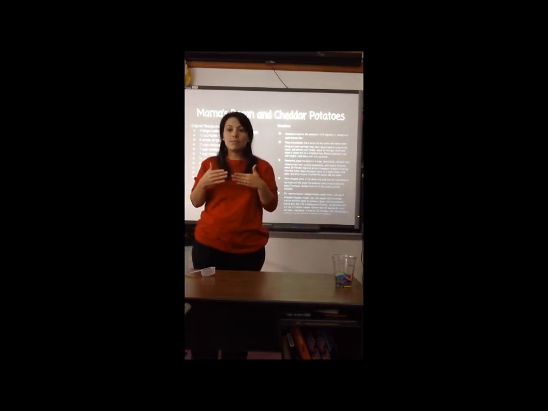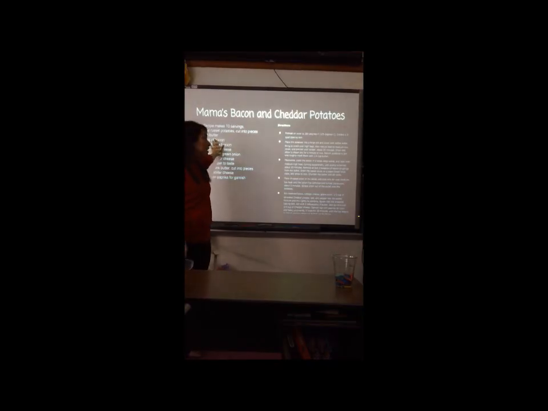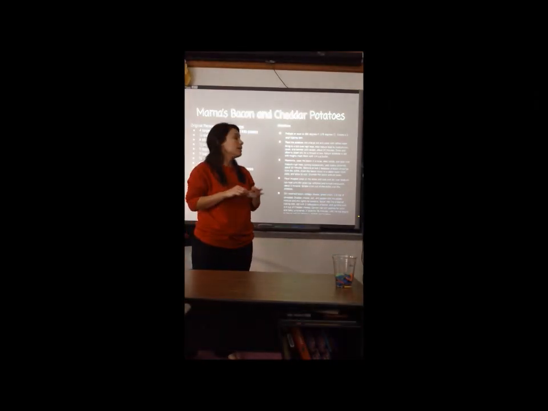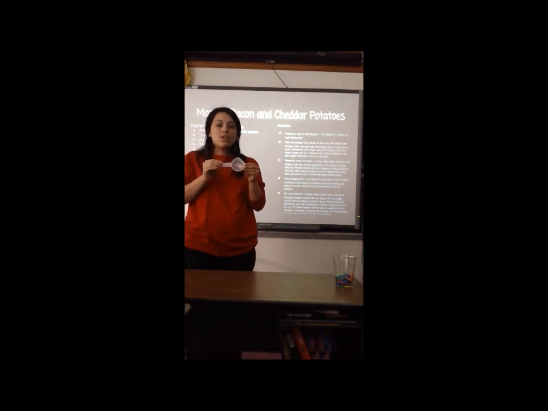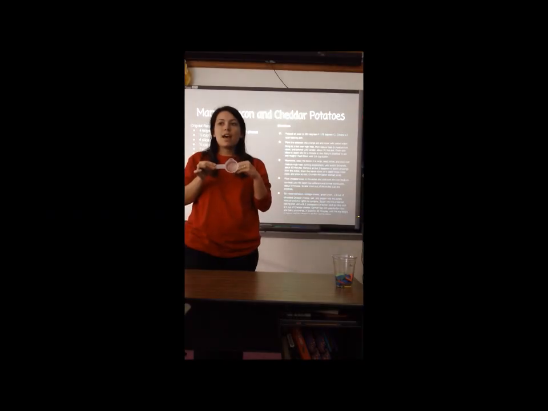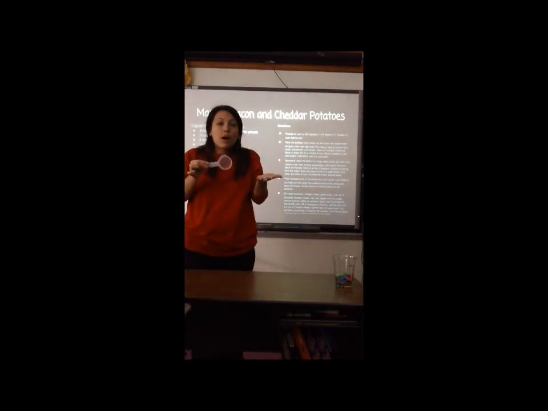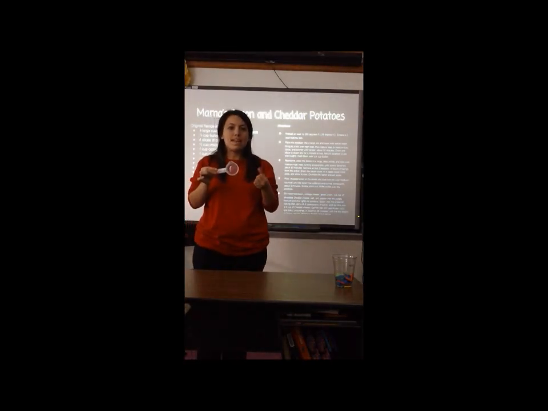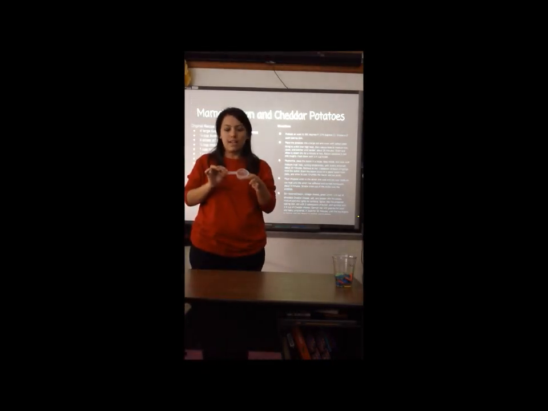My problem comes up whenever I look at the second ingredient. The second ingredient in my recipe calls for 1/4 cup of butter. So if I use all of the butter in this 1/4 cup, I would be able to make 10 servings of Mama's bacon and cheddar potatoes, but now I have a problem, because maybe now I need to figure out how to make 12 servings.